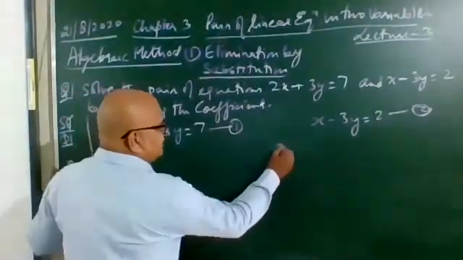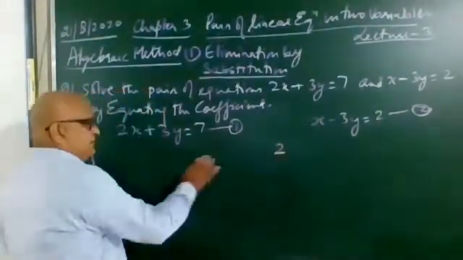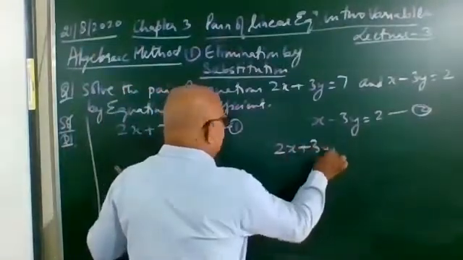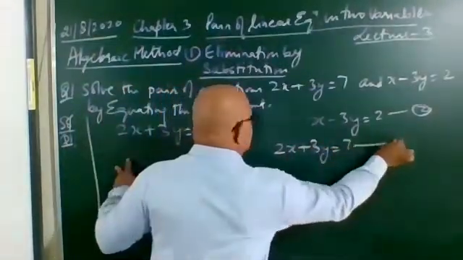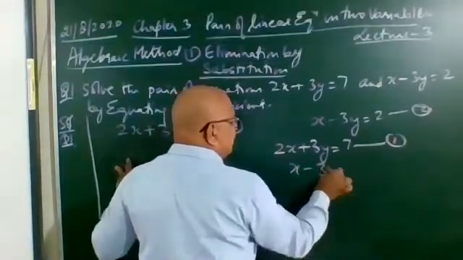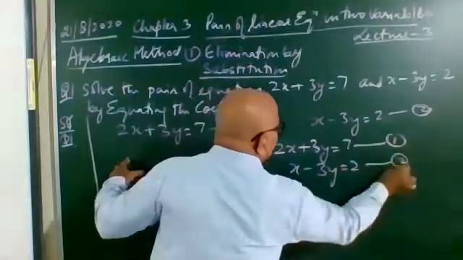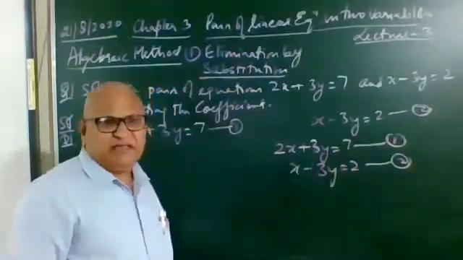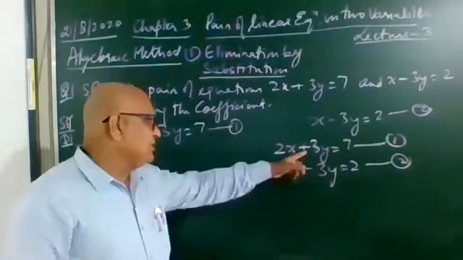So on the right hand side, leave some space on the left hand side, and write 2x plus 3y equal to 7. This is the first equation, and the second equation, x minus 3y equal to 2. Now plus 3y and minus 3y can be cancelled. And how can this be cancelled?